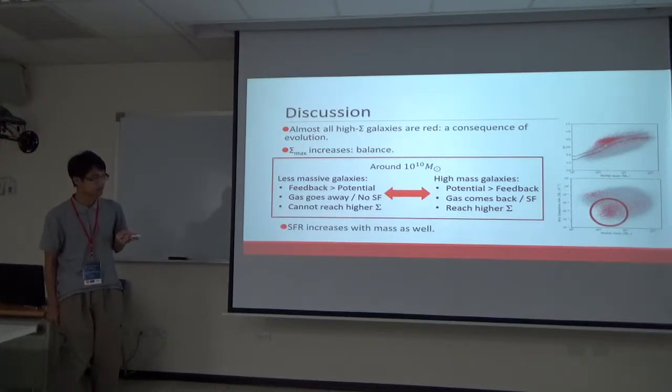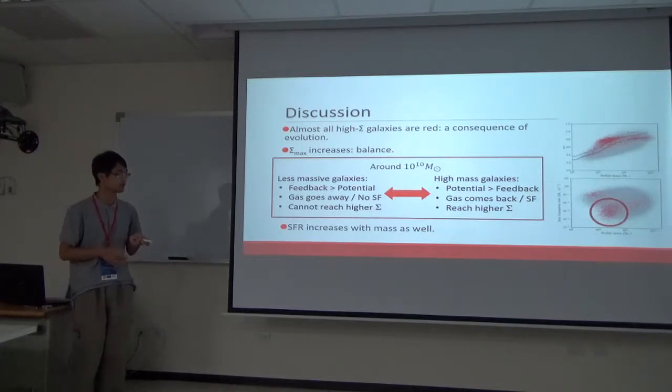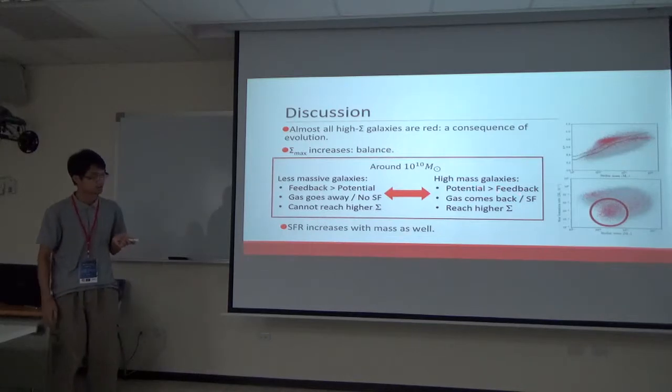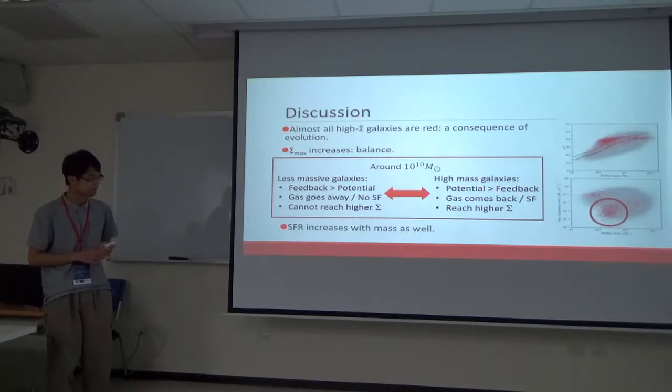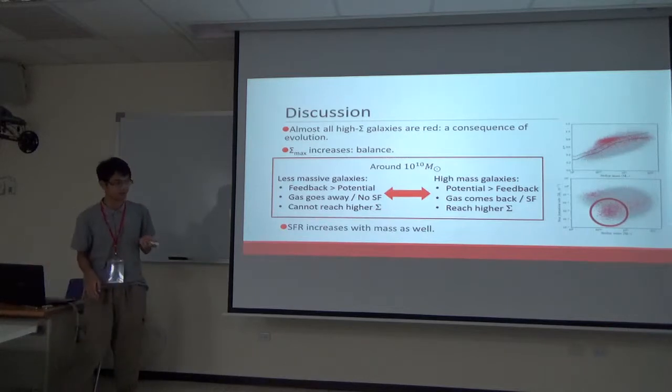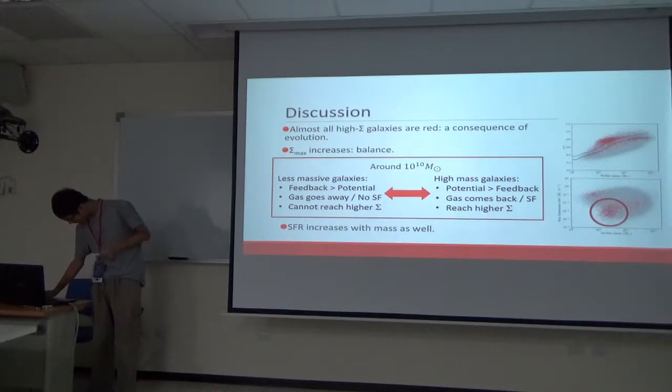So they can't reach higher density. For higher mass galaxies, the potential of the galaxy is strong, so the gas comes back and star formation is still going, then they can reach higher density.